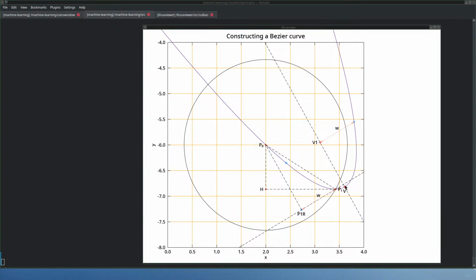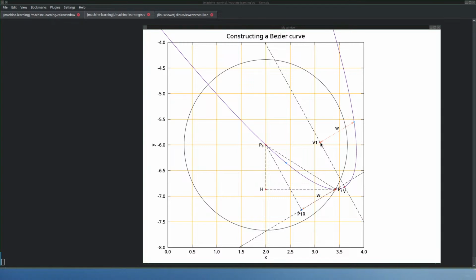Just going to add some arrows, I think. I can draw an arrow from this point to there.